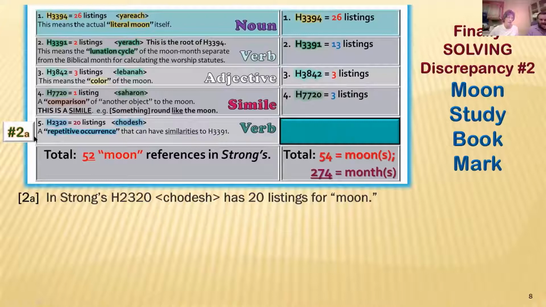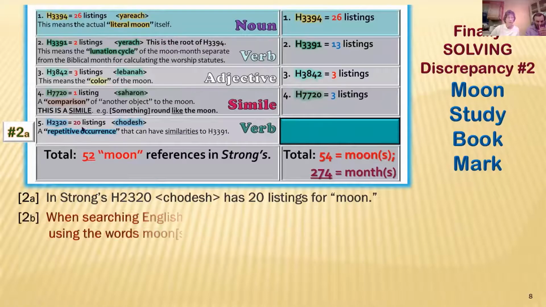In the Strongs, 2320, which is Kodesh, it has 20 listings that will use either the word moon or moons. When you put moon or moons into my Strong's Concordance, it comes up with 20 listings or 20 verses.